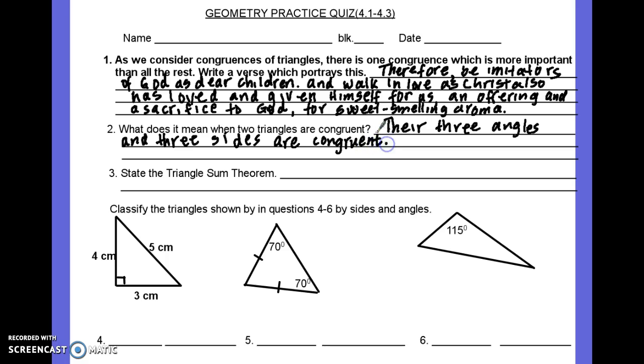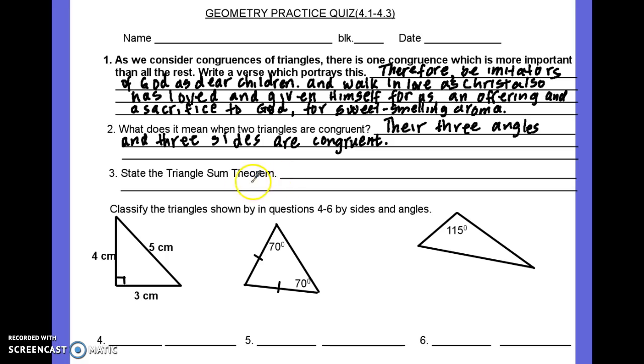I trust you understand that the three angles from one are corresponding to the three angles of the other, and the three sides from one of the triangles are congruent to the three sides of the other triangle. So the 6 features are congruent as we match them up to each other.